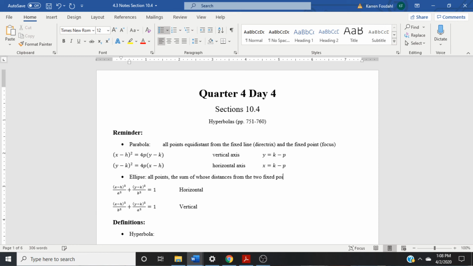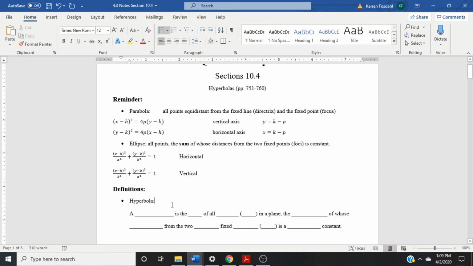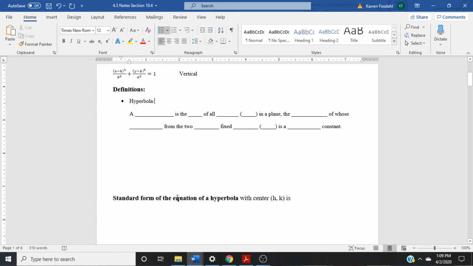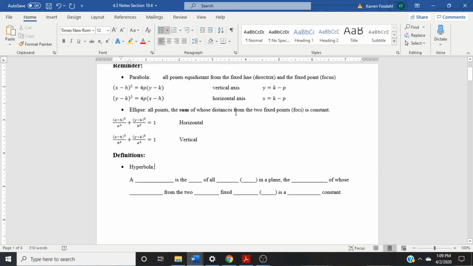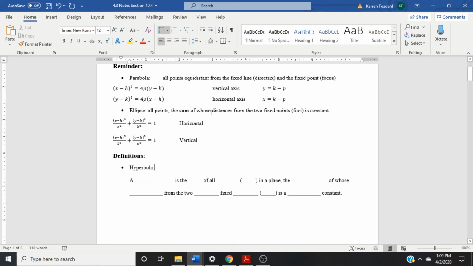The key term here is the sum. So the sum of whose distances from the foci is constant. We're going to talk about hyperbola here, and not the exaggeration, but the actual mathematical version of this. So this is just a reminder.